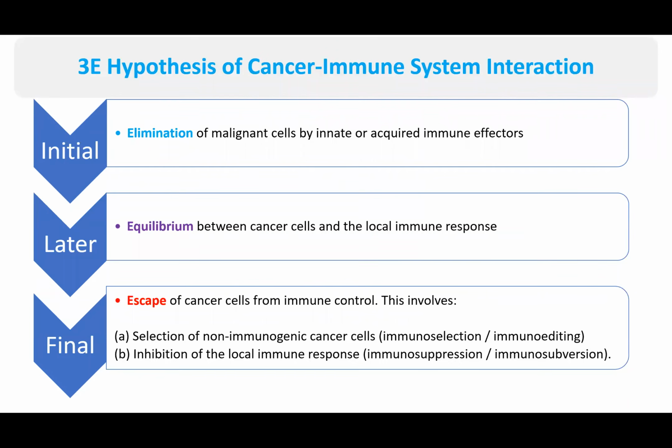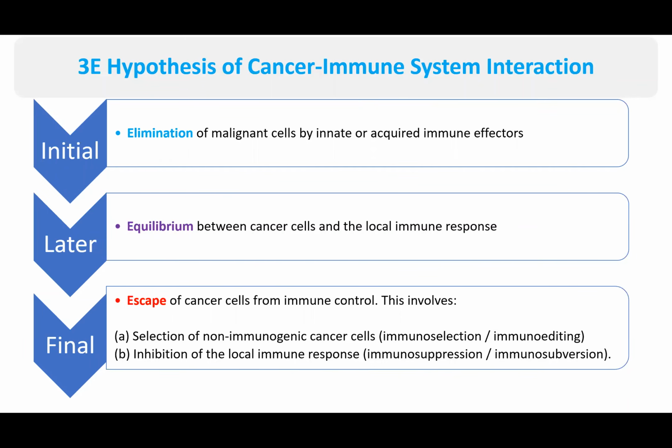Here we just need to focus on the 3E hypothesis of cancer-immune system interaction. In the first, or initial, phase, elimination of malignant cells by innate or acquired, adaptive immune effectors.